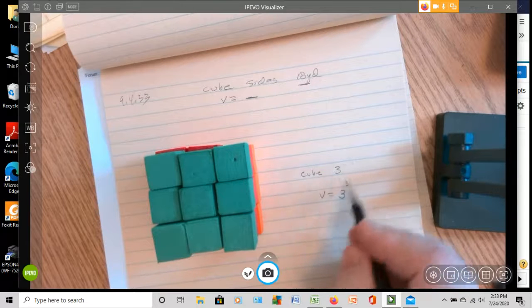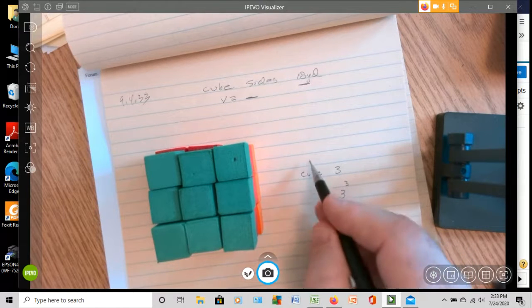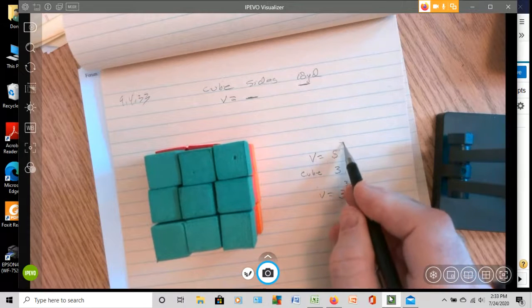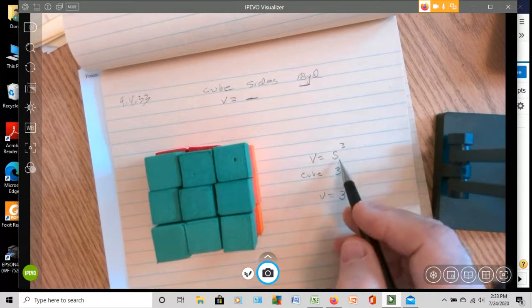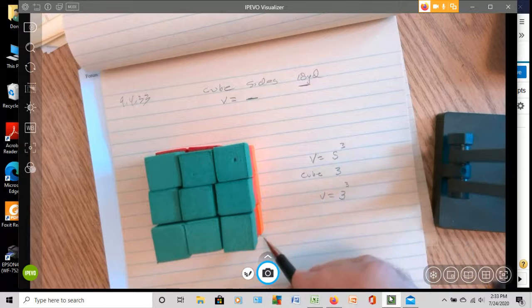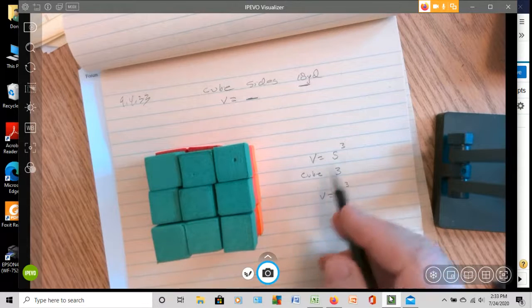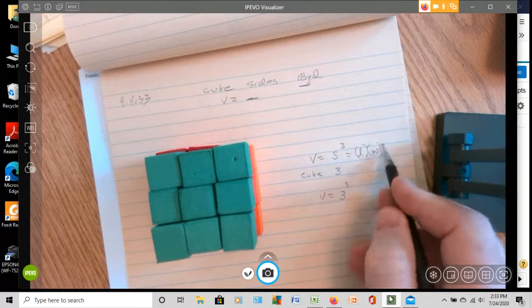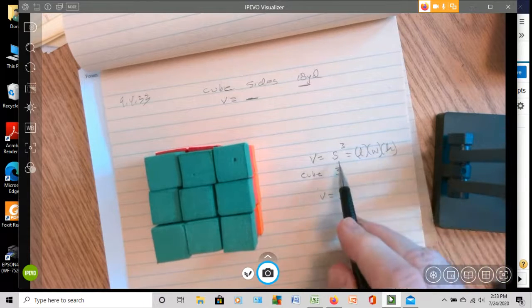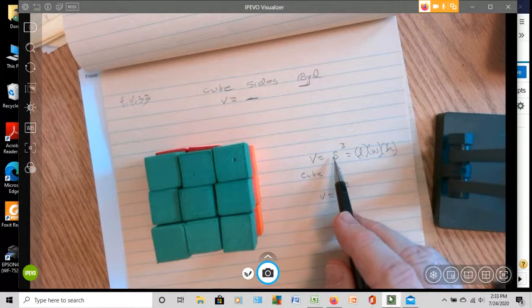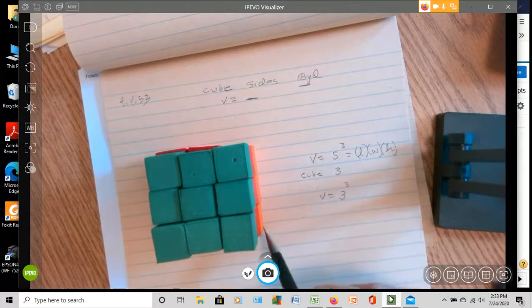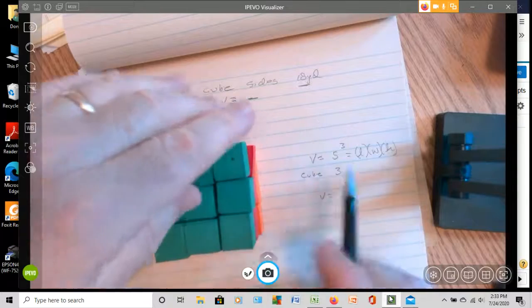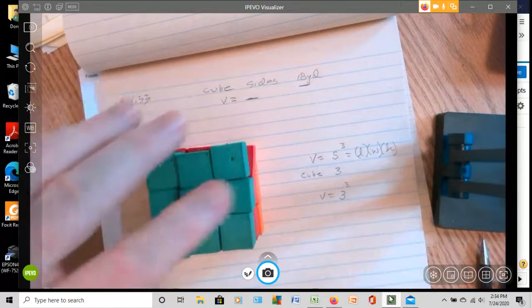The formula for the volume of a cube is to take the side and cube it, and the sides include the height. Another way to say that is length times width times height, in case we had a shape where each side was not the same length.